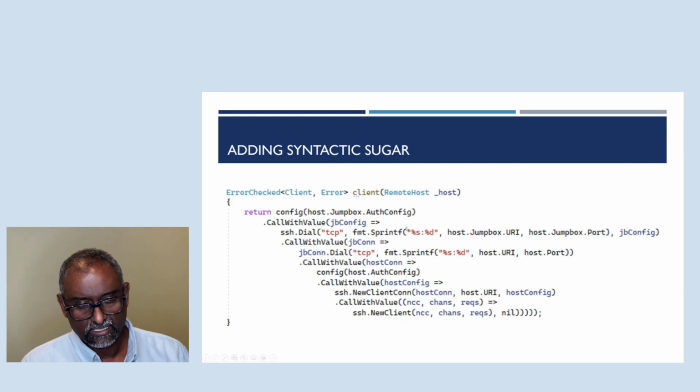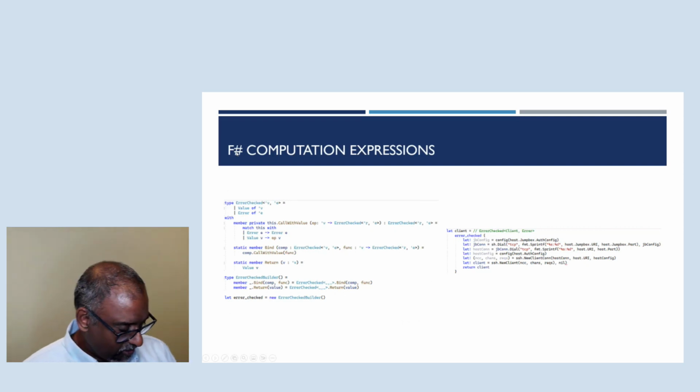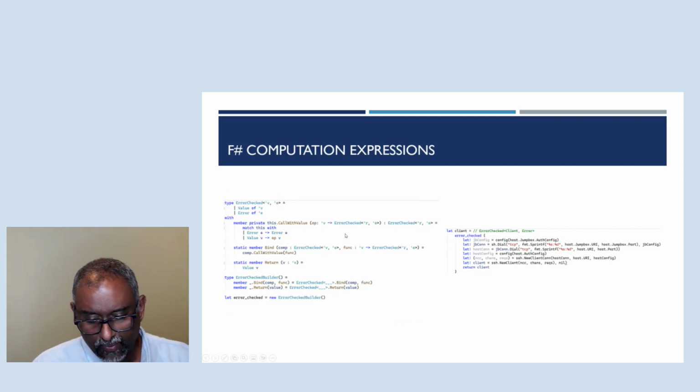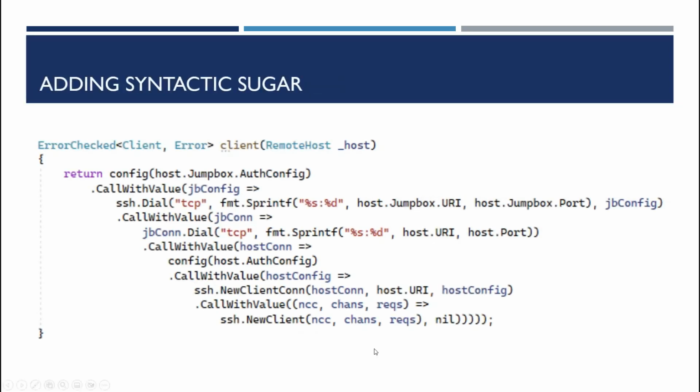So let's look at this thing, and let's look at how we do it in F#. Now, one interesting thing to realize is that we can always get to this representation with any language that allows us to represent lambdas.